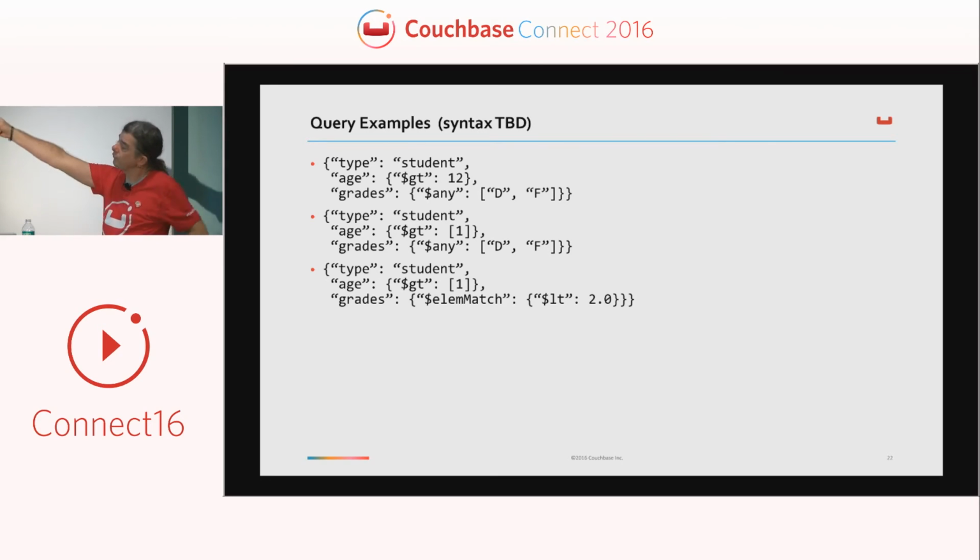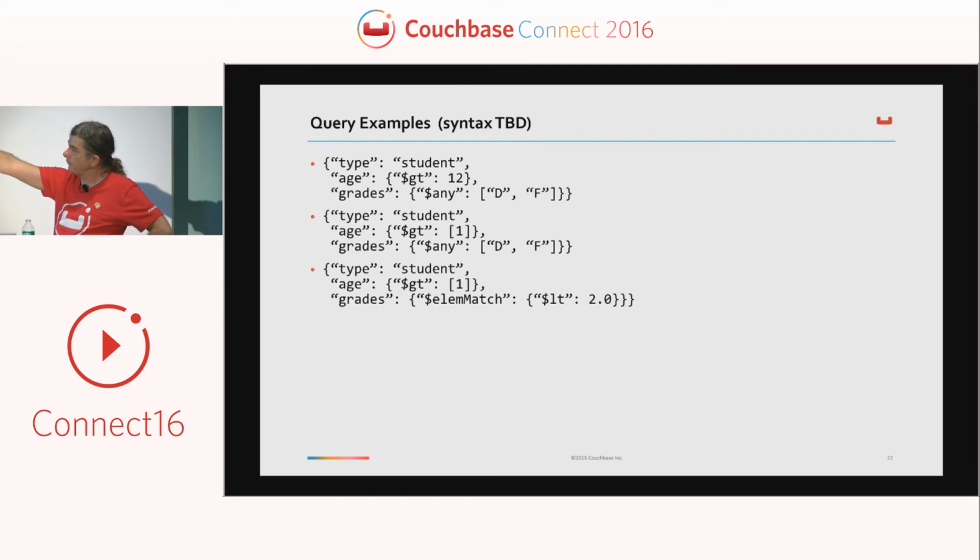The first one here, the first bullet item, is going to search for documents where the type property is student, the age property is a number that's greater than 12, and the grades property is presumed to be an array that contains any value in strings D or F. In the second one, the change is that on the second line for the age, we have this bracket 1 close bracket, which is really a 1-element JSON array containing a number, but that gets interpreted as a placeholder.